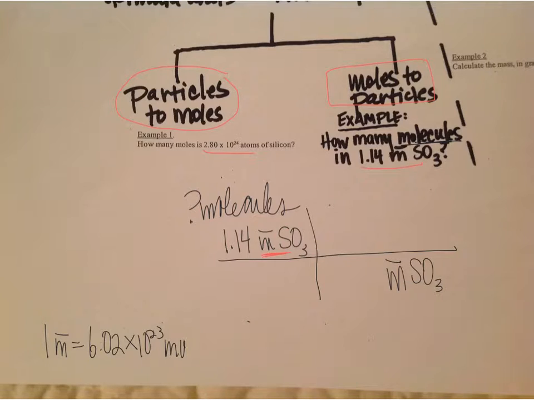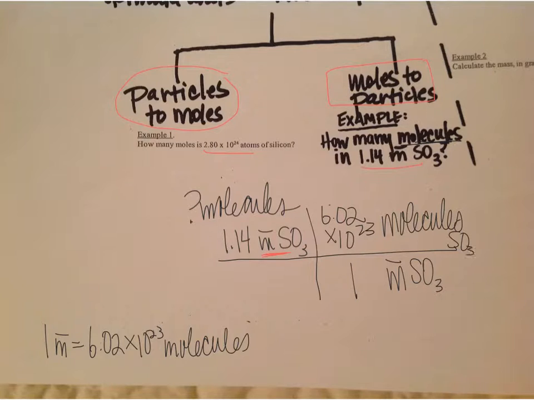In this case, it is molecules. So our 1 mole is equal to 6.02 times 10 to the 23rd molecules of SO3. And I'm done. I have converted to molecules, which is what I wanted to solve for, and I have converted in a proper direction so that I can cancel the moles.